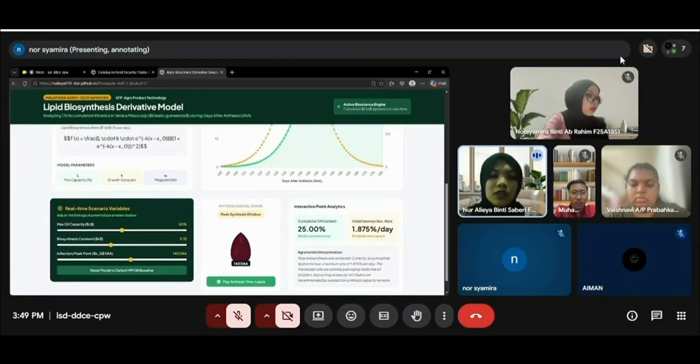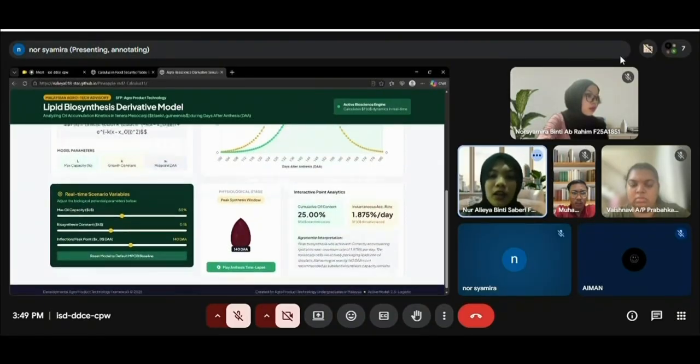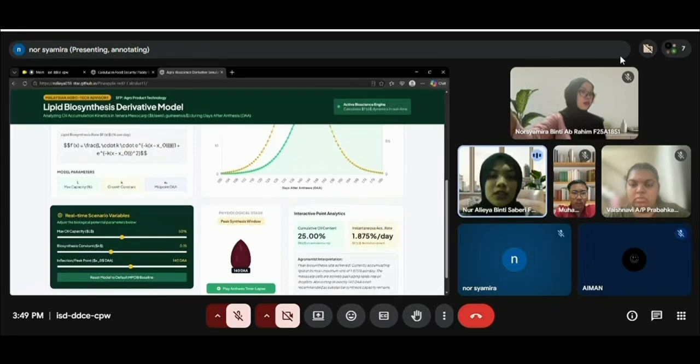Oil palm fruit bunches remain biologically active and continue to respire. During respiration, oxygen is consumed while carbon dioxide is released. Therefore, measuring CO2 production allows us to evaluate the respiration activity of the fruit.